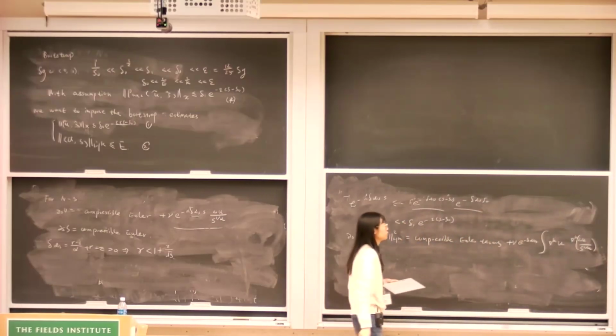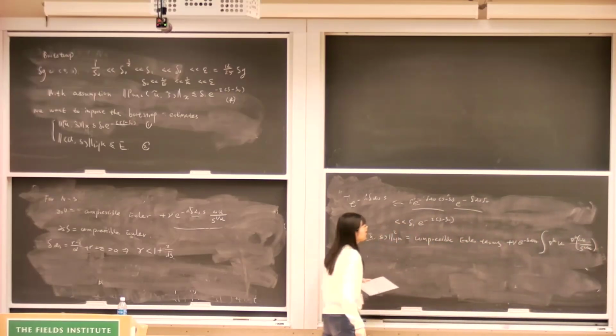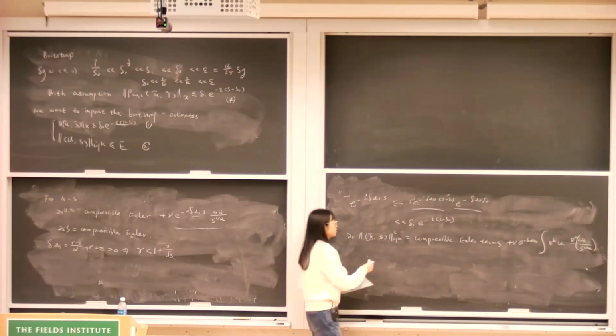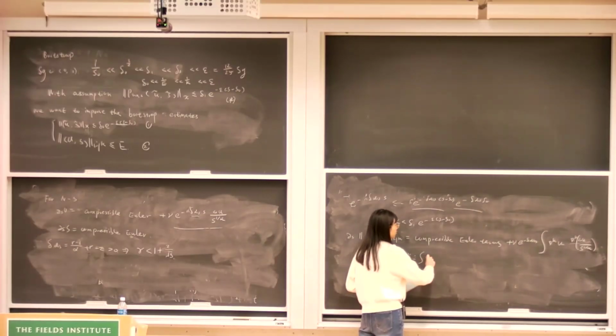So the highest order term will be the gradient k applied on the Laplace U. The other terms will just be lower order than that. So this will give you a good term because this thing is just negative.